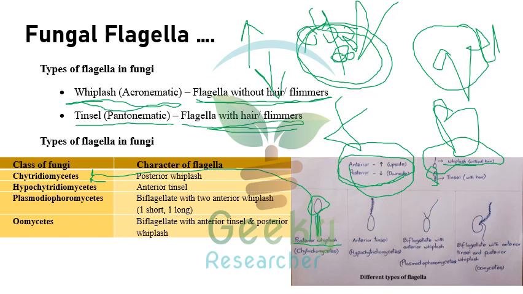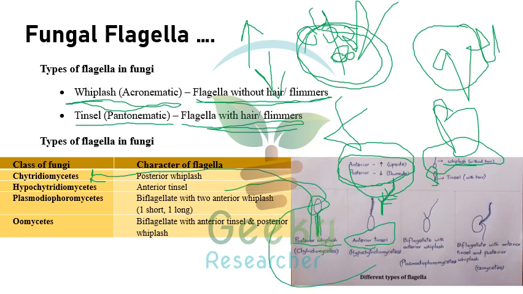And we can see the flagella is in an upward direction. Upward means anterior, and it is producing hairs, that's why it's called tinsel. So we can call it anterior tinsel, because anterior means upside and hairs are there. This anterior tinsel type of flagella is produced by Hyphochytridiomycetes.